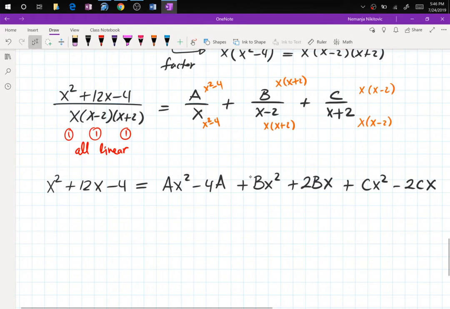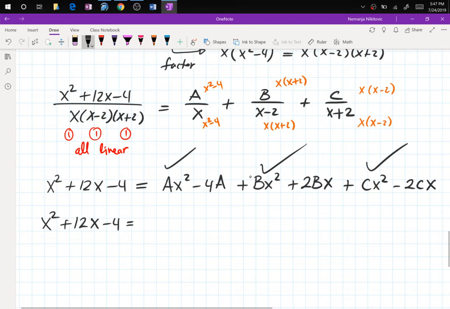Get your x squareds together so you can compare to x squared. Then get your single x's together to compare with a single x. And then get all of those that have no x's together to compare to negative 4. So the next line is going to be: this term, and this term all have x squared, so that's A plus B plus C, times x squared.